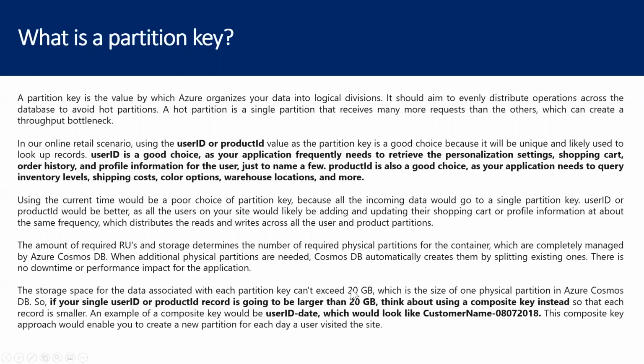Because you have a 20 GB limit, I can query the user ID partition, but what if I need more than 20 GB of data? Then you can create one partition by date, or month wise. So user ID hyphen date is one partition, like customer name hyphen date. This way, every day's information about this customer is in this partition, so that you can easily query.